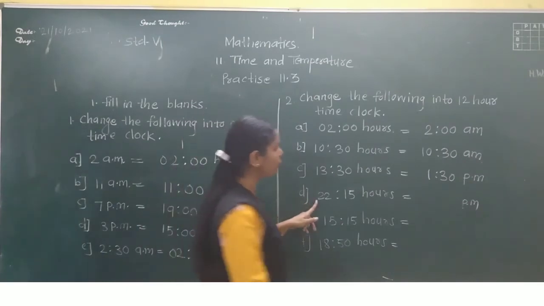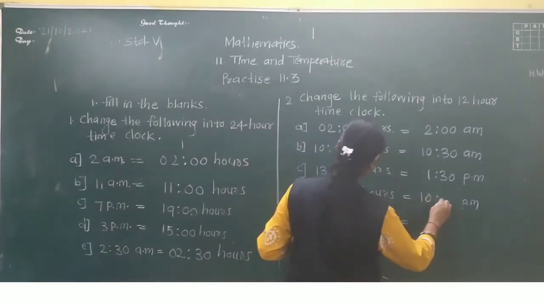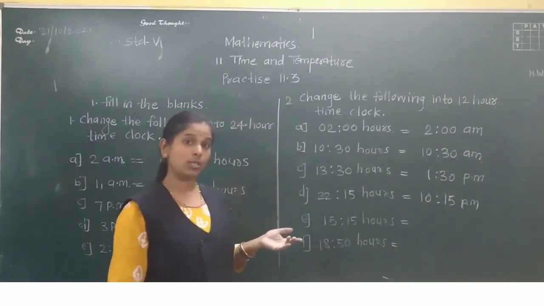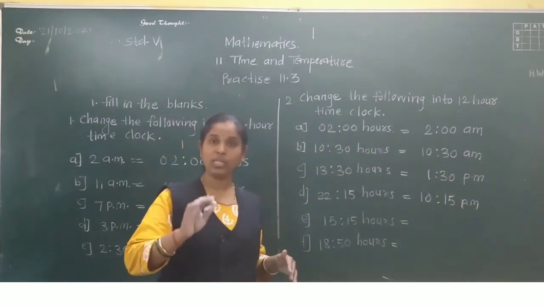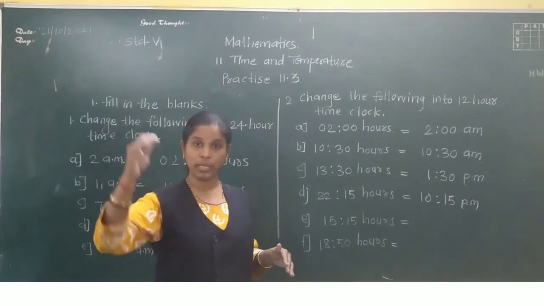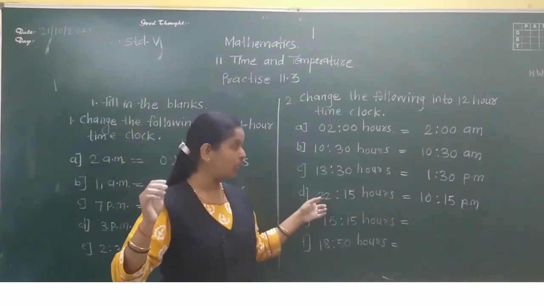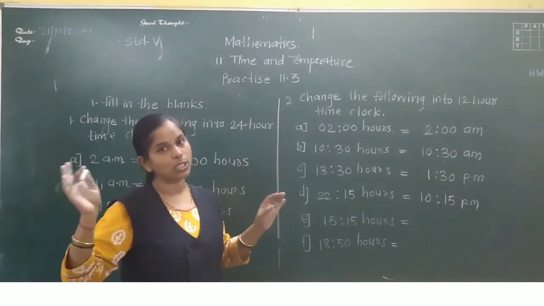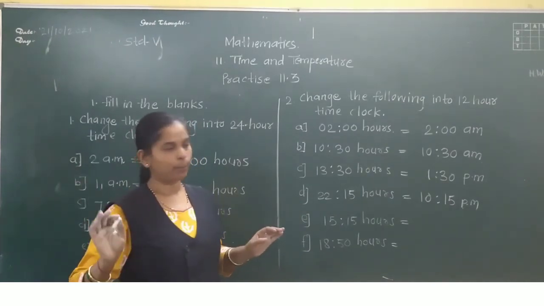So 22:15 is 10:15 PM. Why PM? Because if the numbers are from 13 to 24, the time is always PM, and for 1 to 12 numbers, the time is always AM.